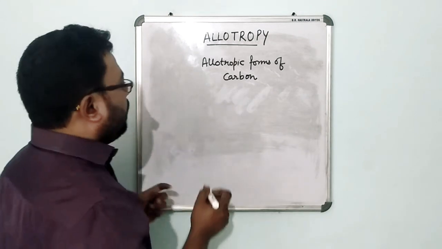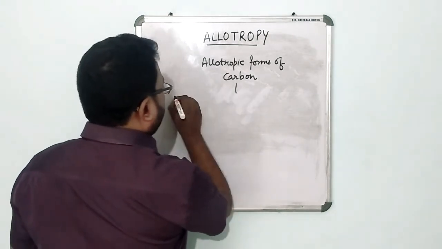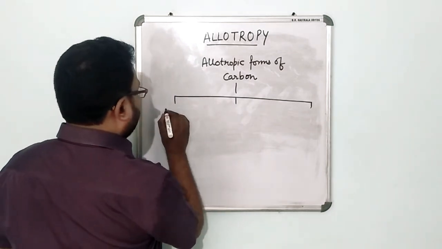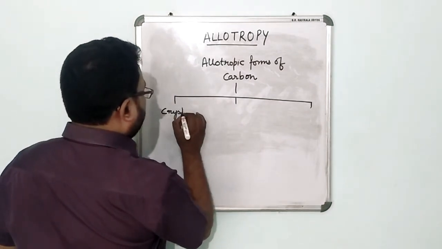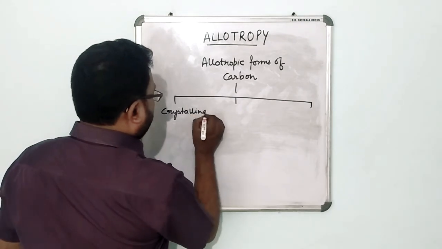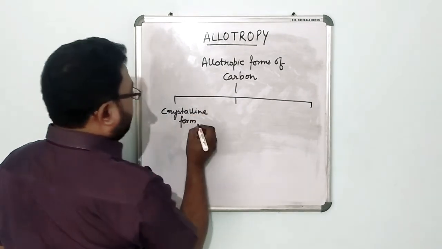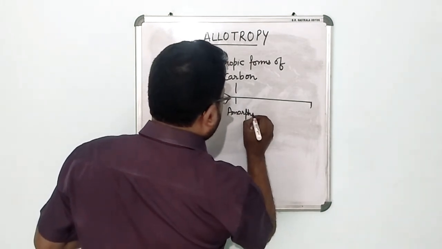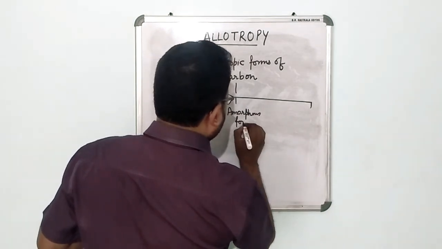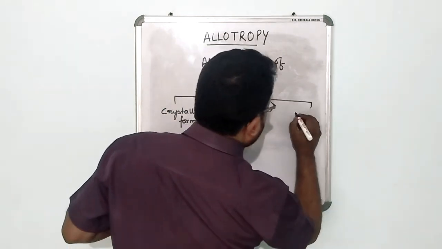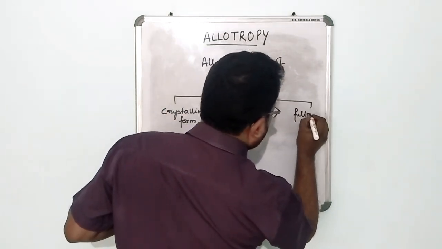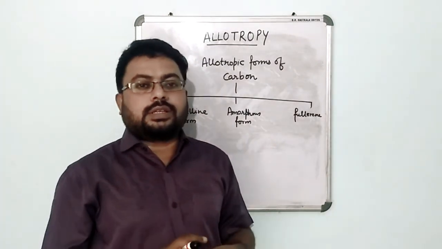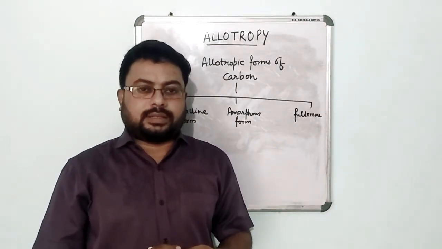What are they? One is the crystalline form of carbon. Another is the amorphous form, and third is fullerene.